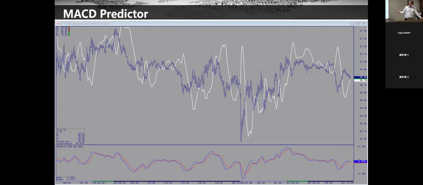So whenever the price of crude closes above the white line, we need that particular price to close above it, that this is quite crucial. Then we'll know that the signal will be generated on the MACD.